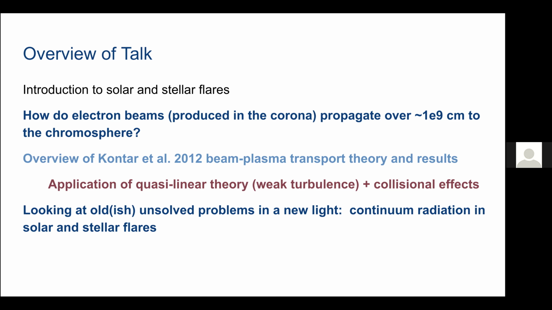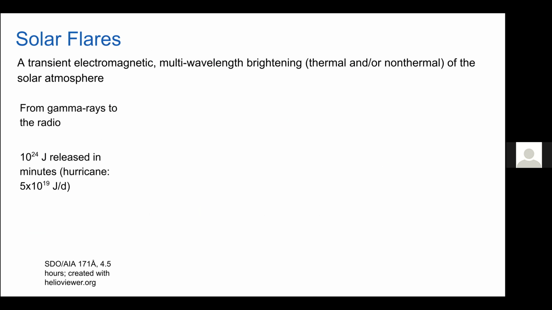It will also allow us to address old, unresolved problems in the field. Particularly, I'm going to talk about the problem of forming the continuum radiation, the optical and ultraviolet continuum radiation, and how they could be related to these advances in transport theory.